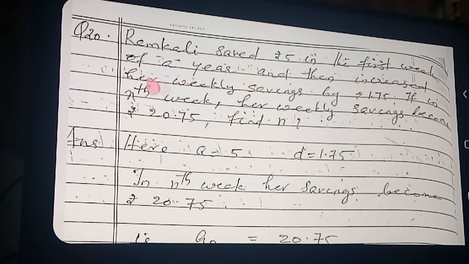So Ramkali saved 5 rupees in the first week. First week how much is saved? 5 rupees. And then increased, how many rupees is she increasing every week? 1.75 rupees every week. So you can take this as the first term and this as the common difference. This much rupees increasing every week.